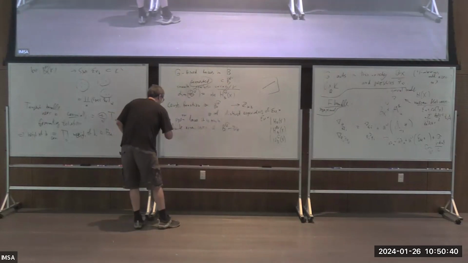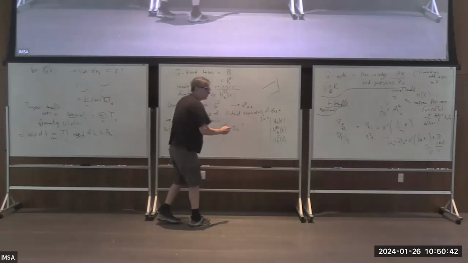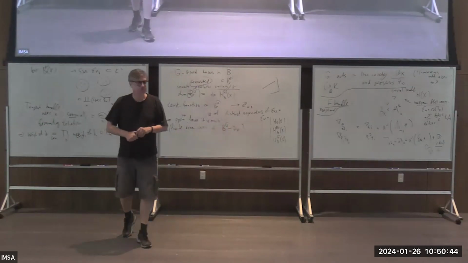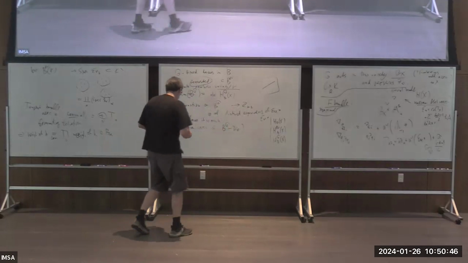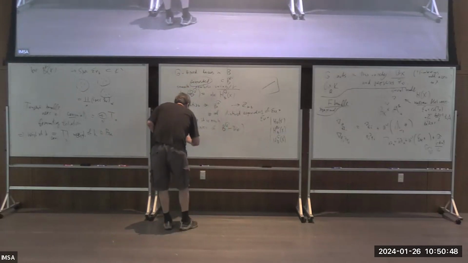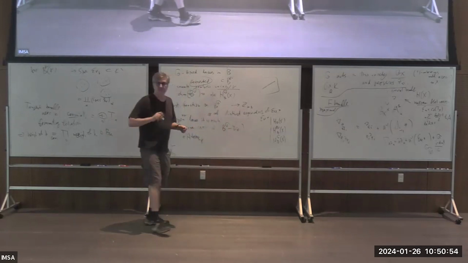And now we take the set of connected components of this guy. You get some finite set, which I call atoms associated to my variety.